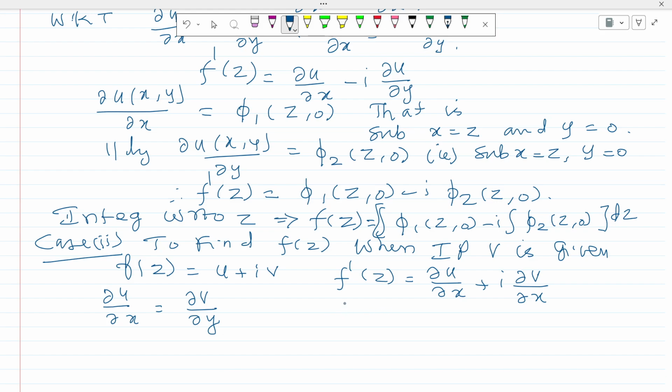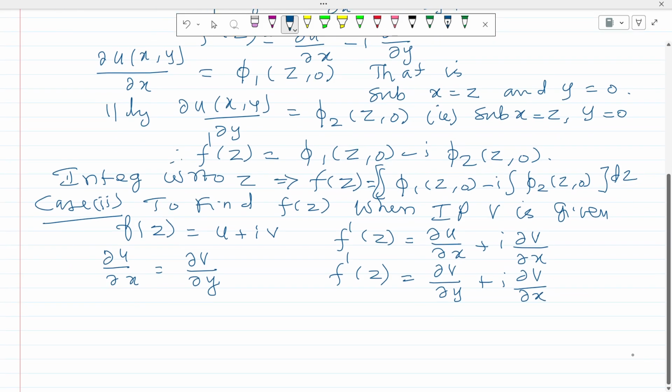Therefore, you can write f dash of z equals, instead of dou u by dou x, you can substitute dou v by dou y, plus i dou v by dou x. Therefore, here also you can write dou v by dou x.